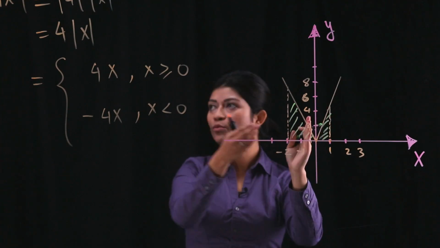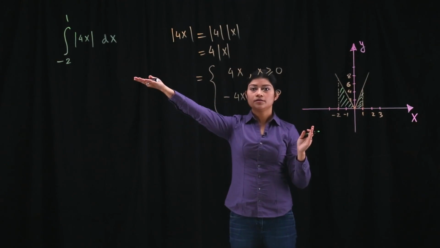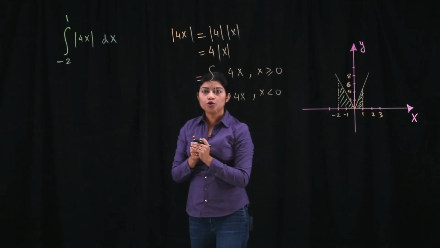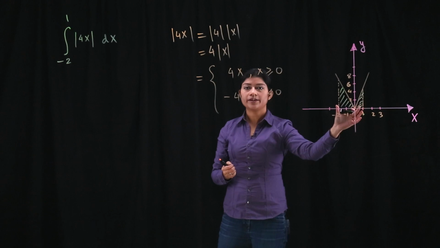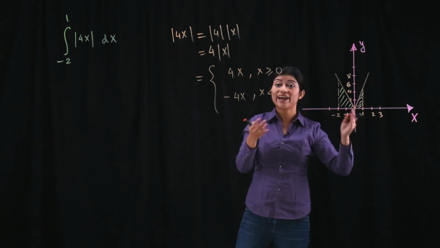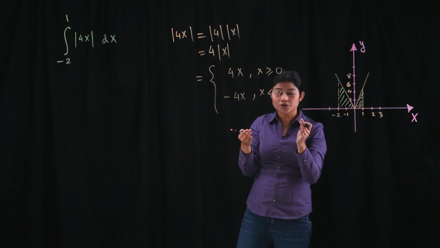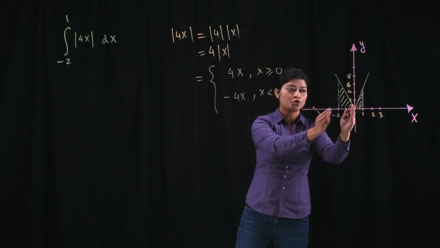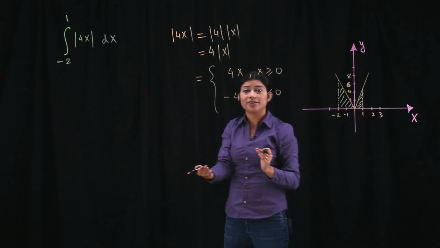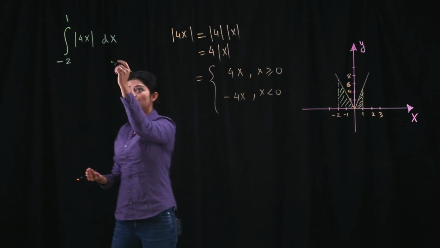So that total area will give you the definite integral. Okay, so how do we compute this total area? Now notice you cannot just integrate from -2 to 1 directly. What we want to do is break it apart into 2 different integrals, which will give us 2 different areas. And that's a property of definite integrals as well.